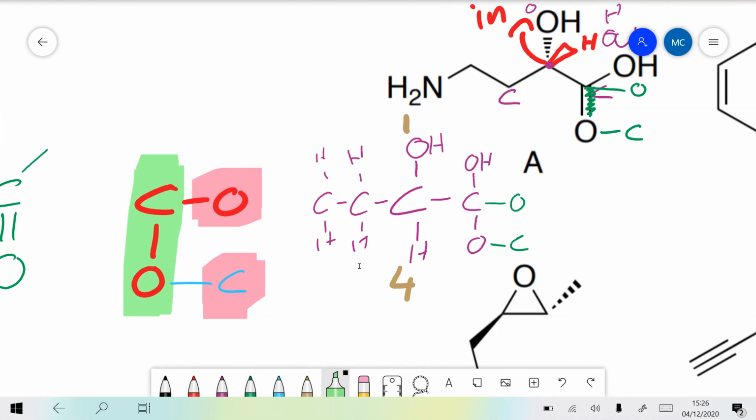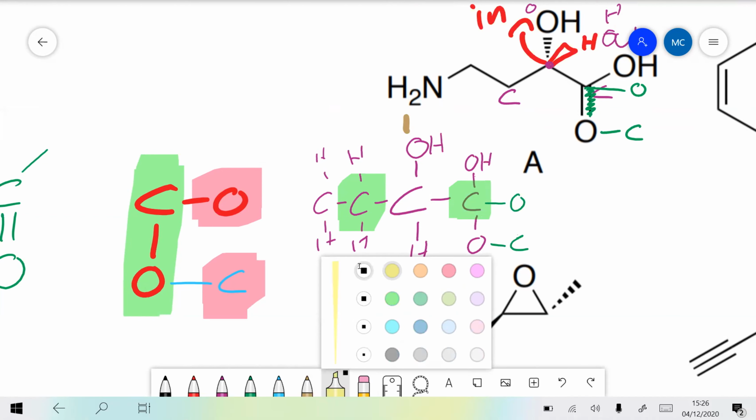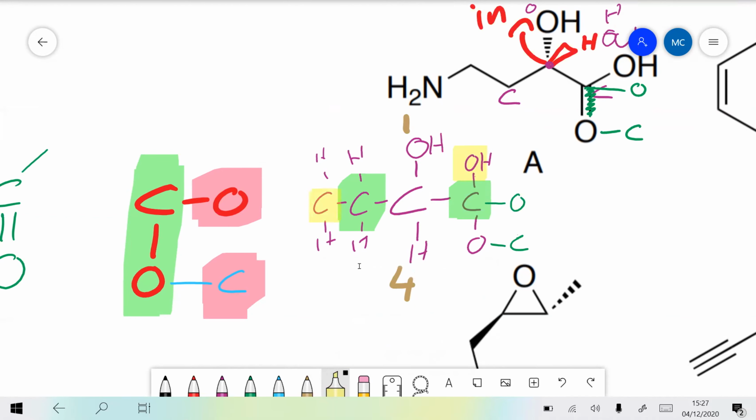Then you have 2 carbons. One carbon has a hydrogen, a carbon, and a hydrogen. The other one has an oxygen, oxygen, and oxygen. So if we compare the highest priorities, oxygen and carbon, okay, I'll tell you. That's 3 and that's 4.